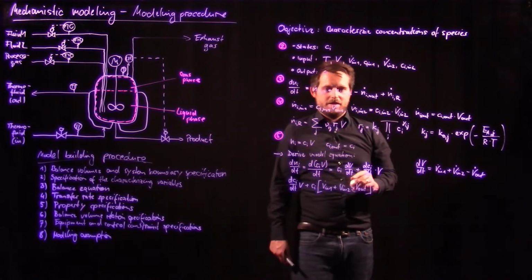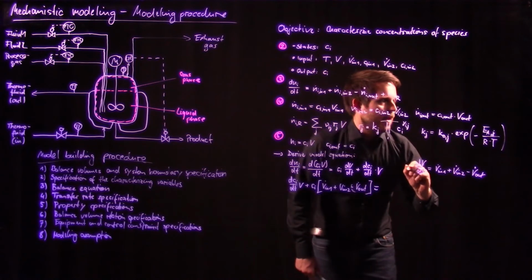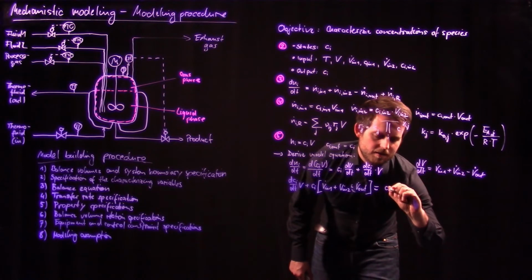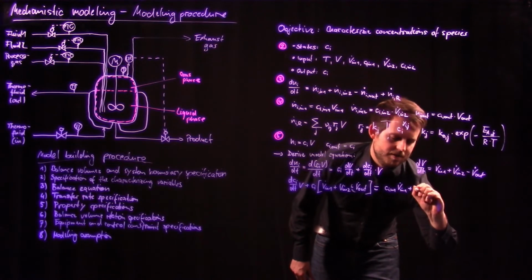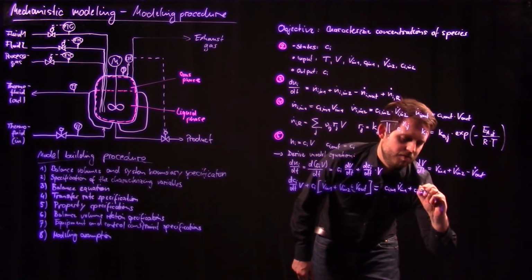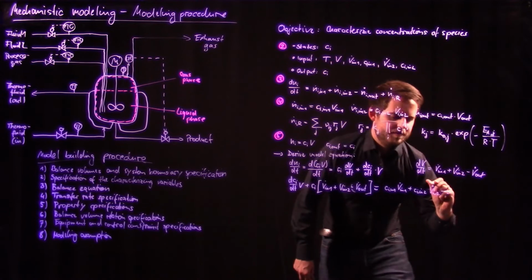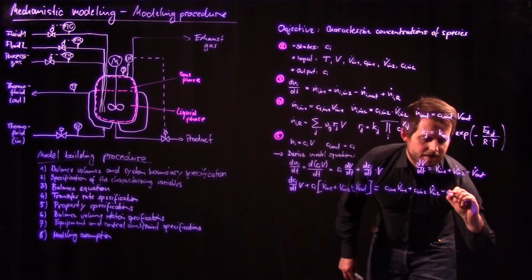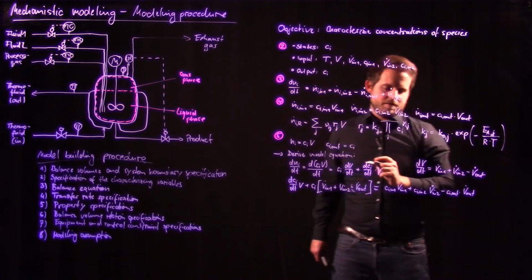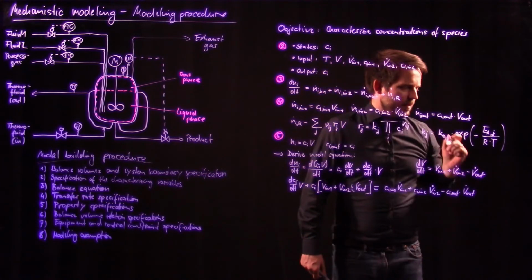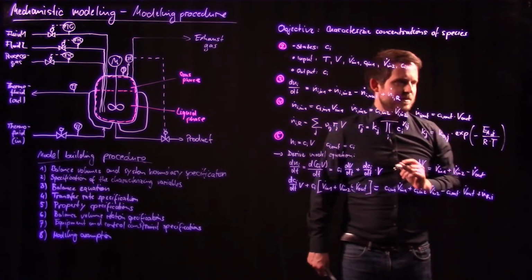equals, and then we get our right hand side from up here, Ci in 1 times V dot in 1 plus Ci in 2 times V dot in 2 minus Ci out times V dot out plus our reaction term, and we leave that one as it is right now.